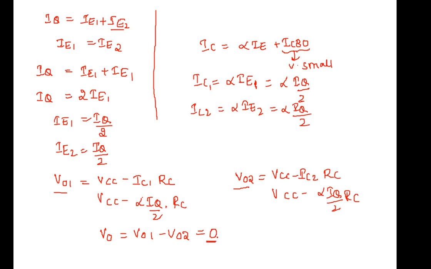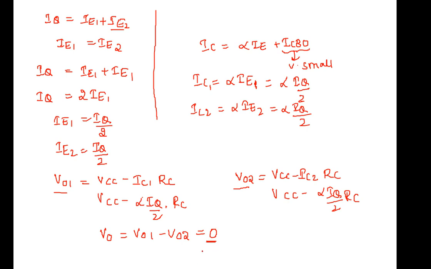So whenever we apply the two same input signals at the differential amplifier input, the output will be 0, because the differential amplifier has the ability to reject the common signals and it has the ability to amplify the difference between the two input signals. So in this way we can analyze the differential amplifier dual input balanced output stage.